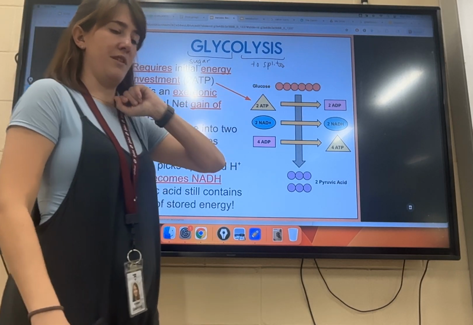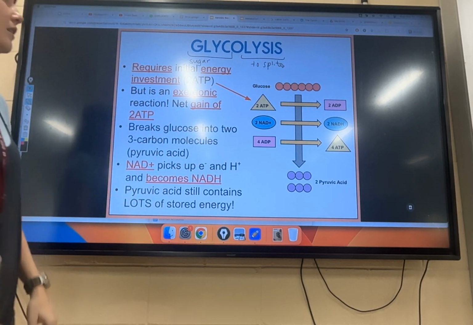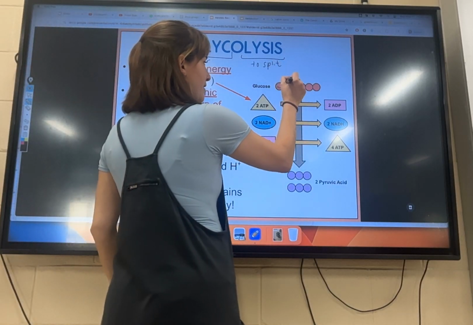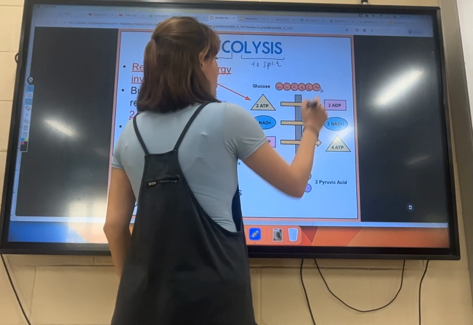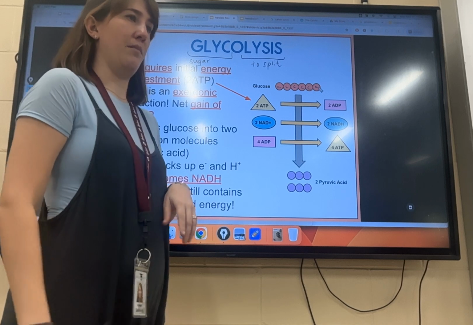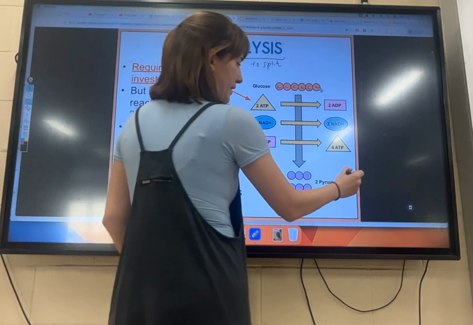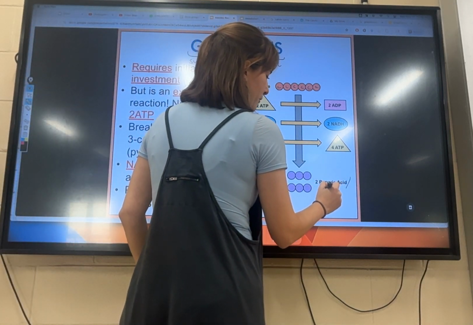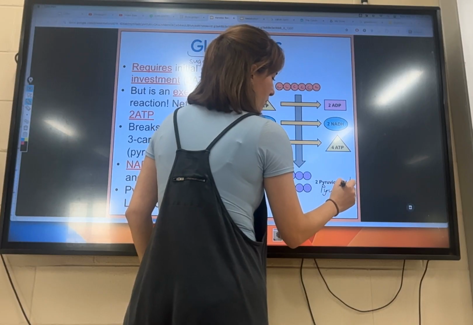What do we think these circles represent? Carbon in a glucose molecule. There are 6 carbon atoms in a glucose molecule. In this process, we are going to break that 6 carbon molecule into 2 3 carbon molecules called pyruvic acid, also known as pyruvate. If you see pyruvate, it's the same thing.